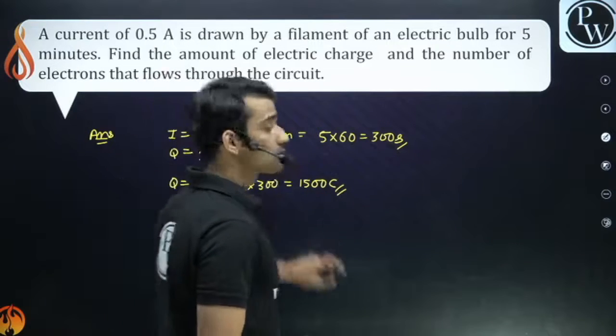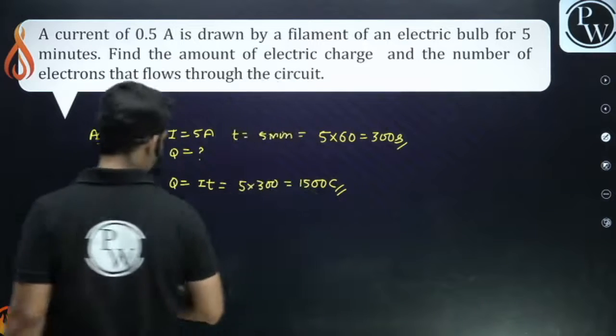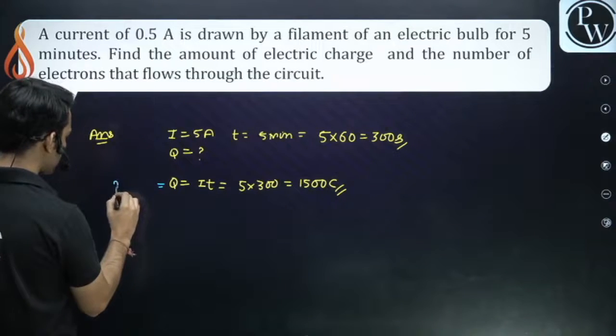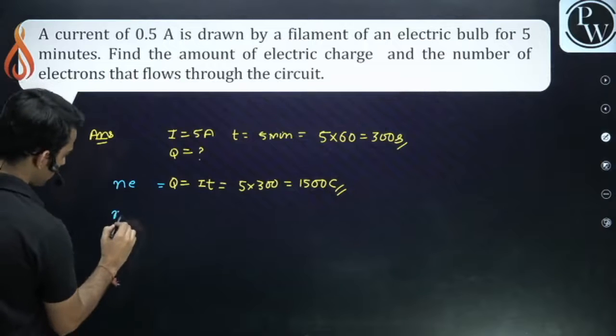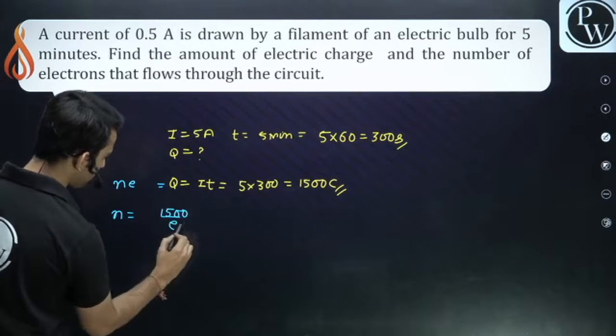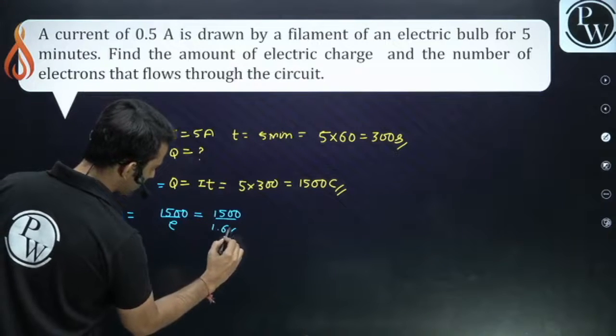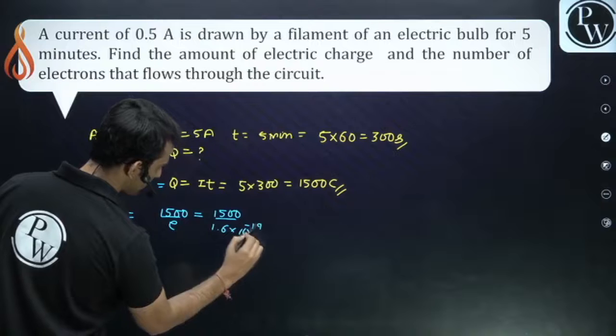You also have to calculate the number of electrons. So Q is equal to NE. N is nothing but Q upon E. What was the value of E? I have told you, 1.6 into 10 raised to the power minus 19 coulomb.